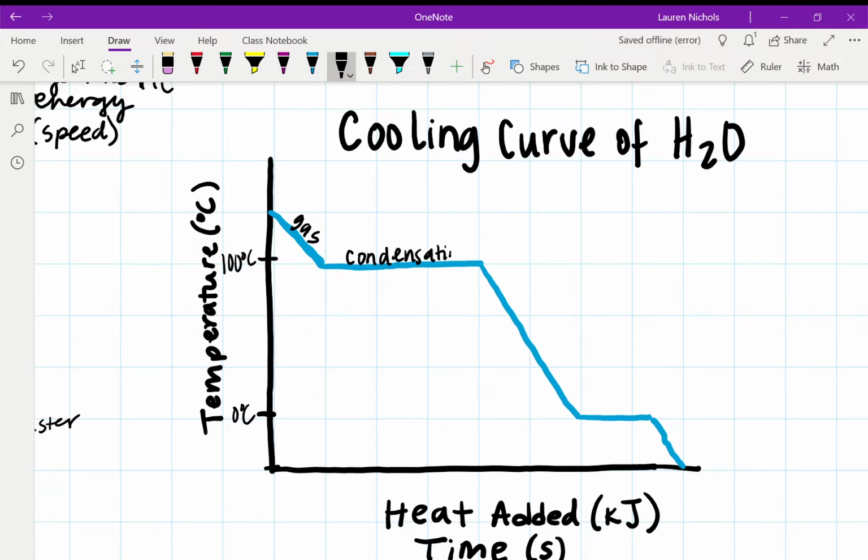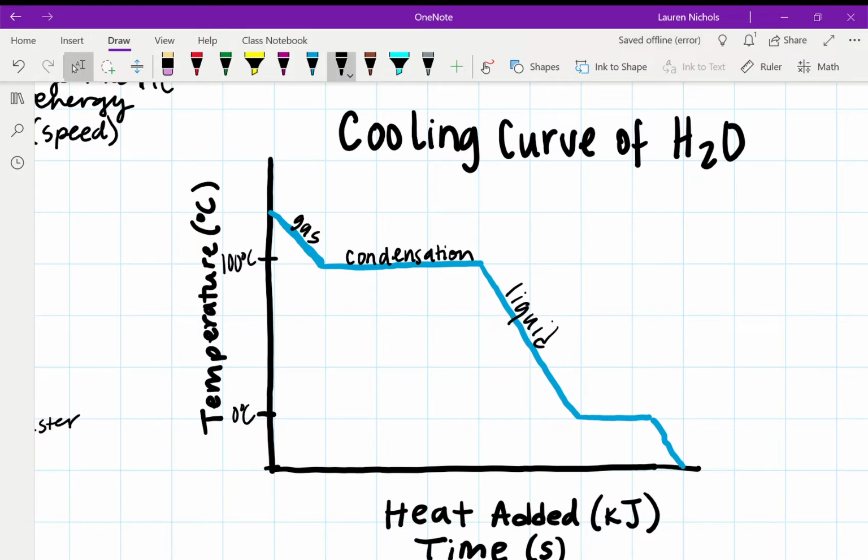Remember, condensation is like if you have a glass of ice water and the outside of your glass starts to feel wet. It's not that your glass is leaking; it's that the water in the air around it is cooling down and becoming a liquid again. So condensation occurs and it turns into a liquid.